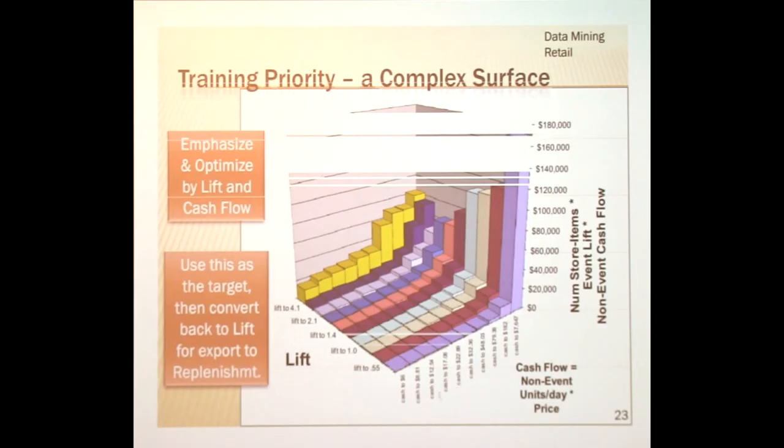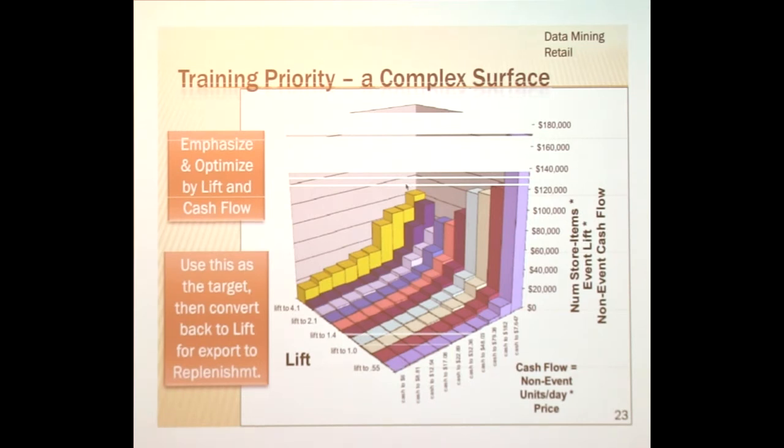So here's a training priority. Remember, I was saying the top 5% had 90% of the value. So I'm looking at cash flow. Higher values here would have the number of store items times the event lift, and that would be the non-event cash flow.